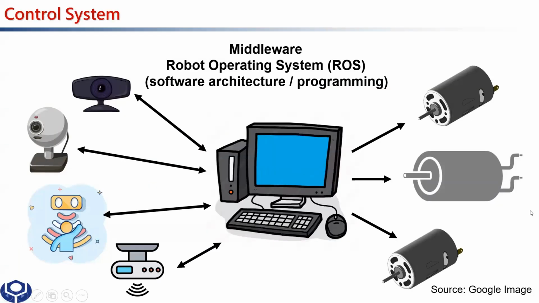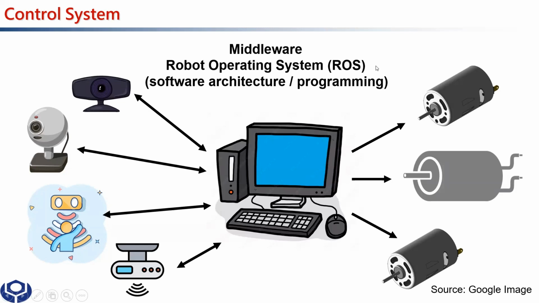Yeah, okay, we need the middleware to control all devices like cameras, sensors, controllers, DC motors, and other actuators like LEDs or speakers. We need to use a certain middleware or software to communicate between them. So it's very common to use ROS. There are some other software architectures.